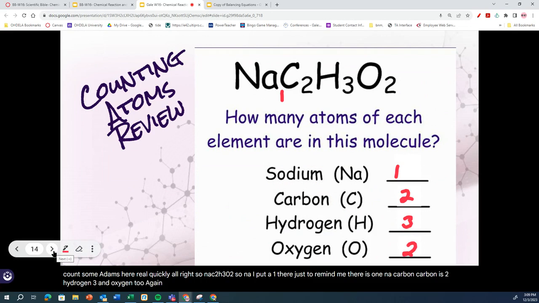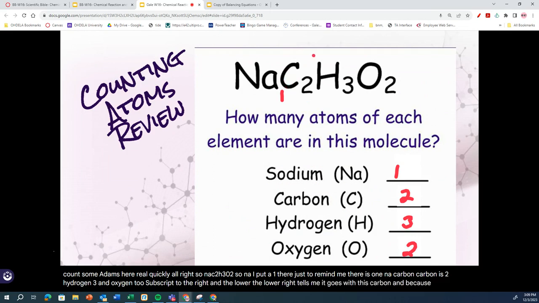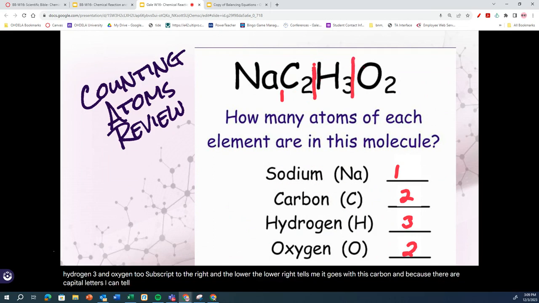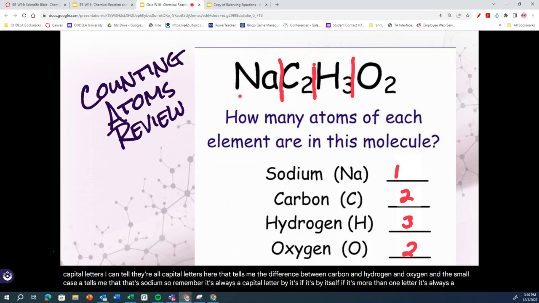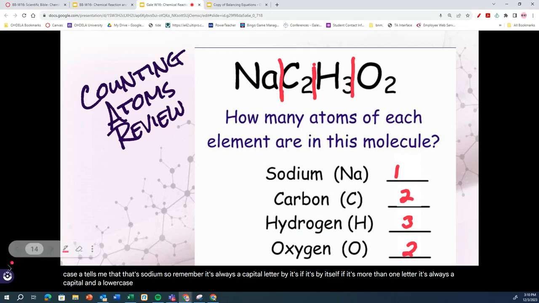Again, the subscript to the lower right tells me it goes with this carbon, and because they're all capital letters, I can tell the difference between carbon and hydrogen and oxygen, and the lowercase a tells me that that's sodium. So remember, it's always a capital letter if it's by itself. If it's more than one letter, it's always a capital and a lowercase.